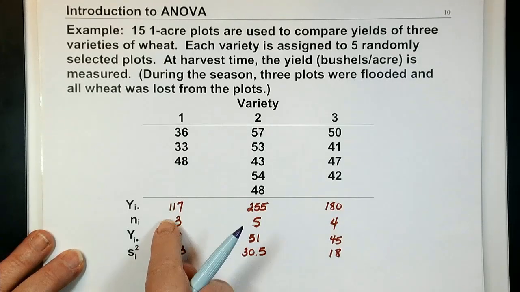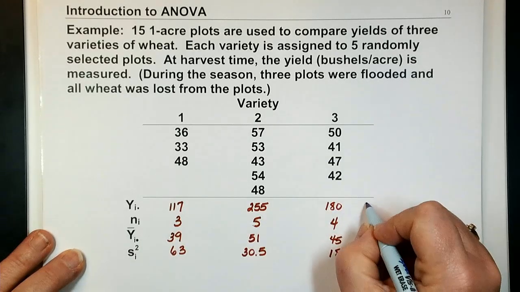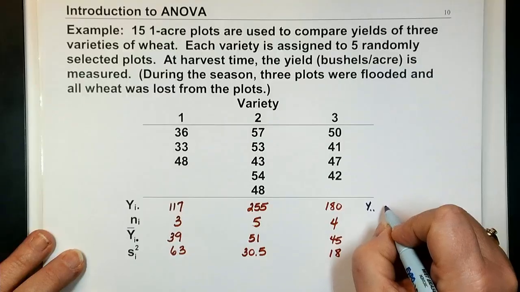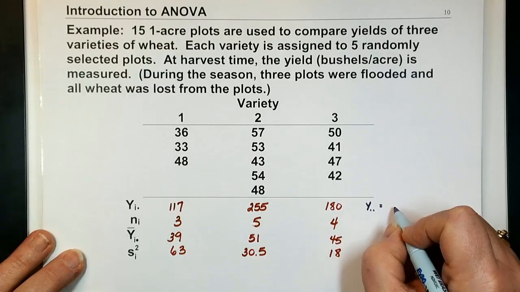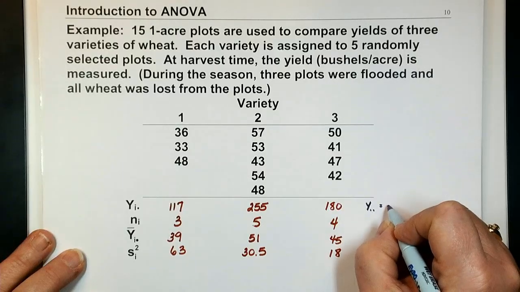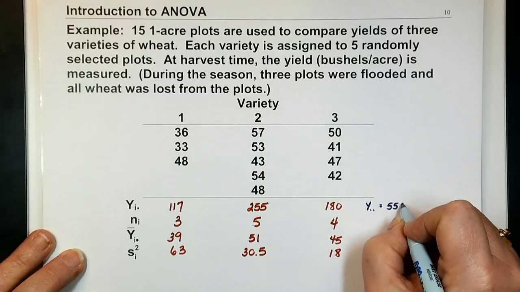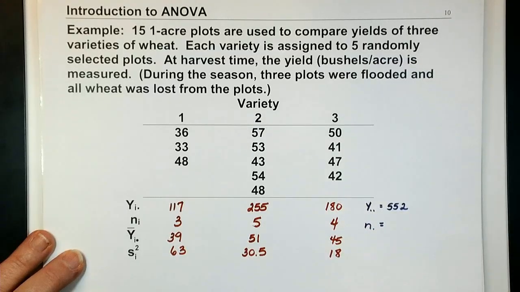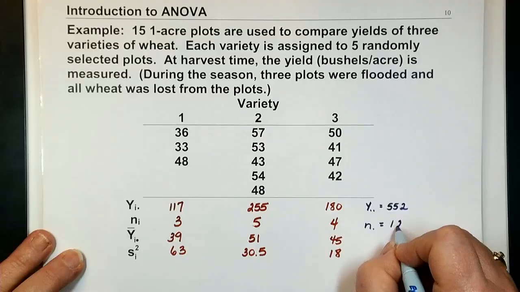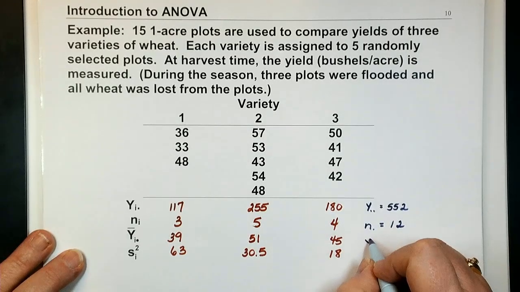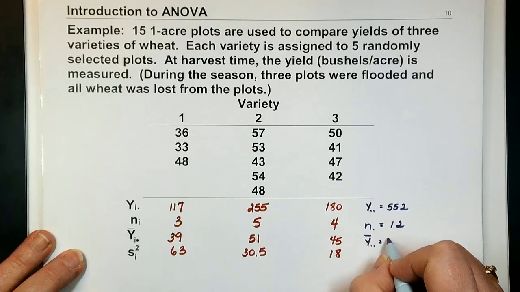Given those pieces of information, if we add up these 3 totals, we can get our Y dot dot, our grand total. Adding up 117, 255, and 180, I have 552. Our grand sample size is 12. How many observations did we take? And our grand mean is 46.